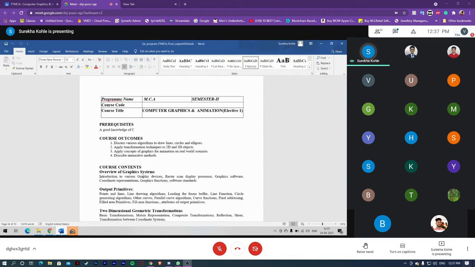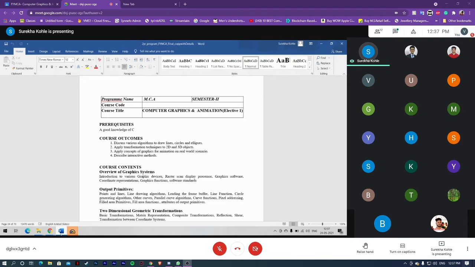Nowadays we have virtual modes, and in virtual mode we can use different types of models to show the students how the work is going on. And for training, if you are going for a job, they use computer graphics for training purposes.